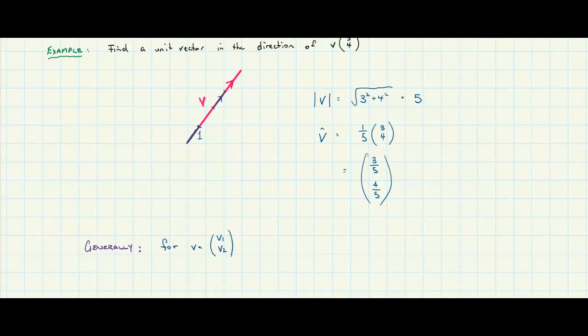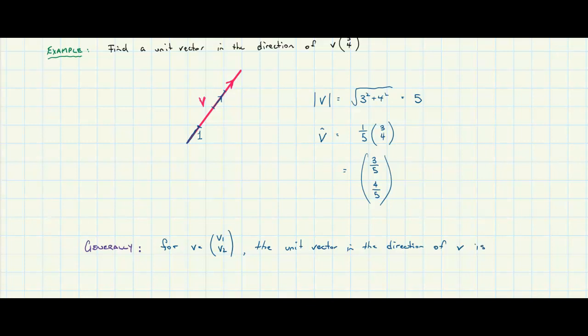Generally, for a vector that's defined as v1, v2, and we're generalizing, we would say that the unit vector in the direction of v, the vector v, is, now how would we write this?